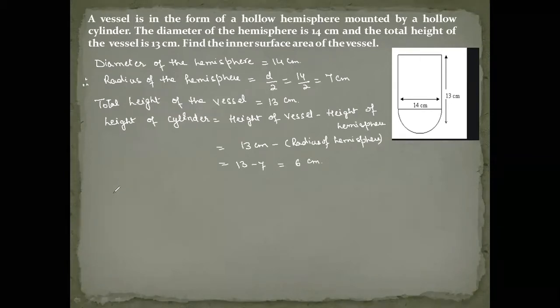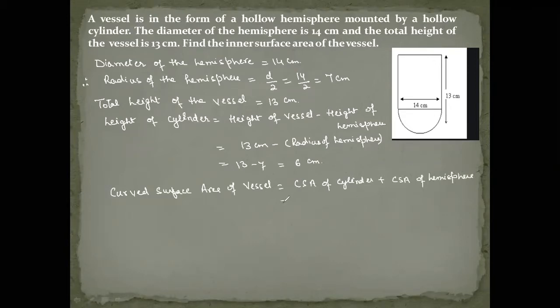Now the curved surface area of vessel, that will be curved surface area of cylinder plus curved surface area of hemisphere.